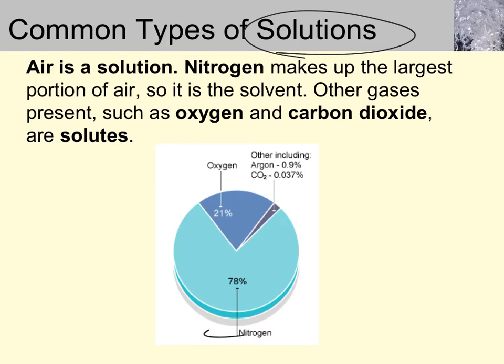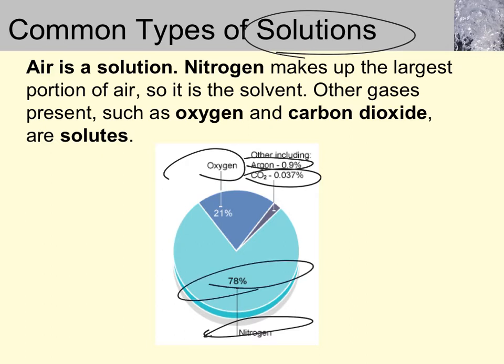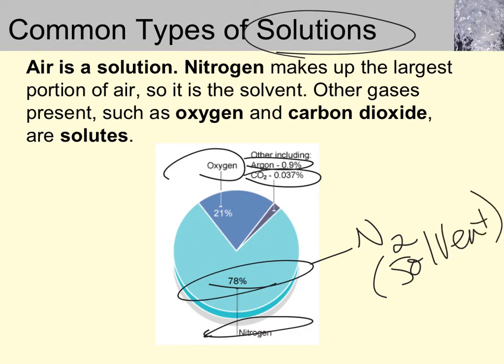So let's see, nitrogen, oxygen, argon, CO2, and a variety of other ones. And remember the definition of solvent? It's the component that is present in the largest amount. Well, clearly nitrogen is the largest component of the air we breathe. So nitrogen is considered the solvent in the solution air, and all the other components are solutes. You have multiple solutes.